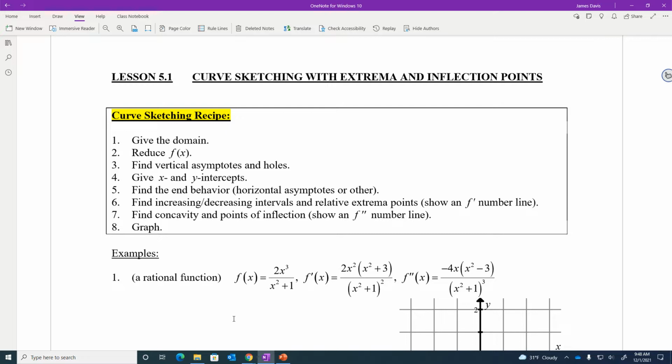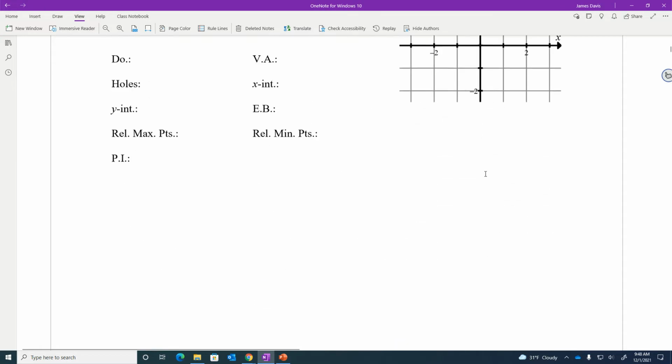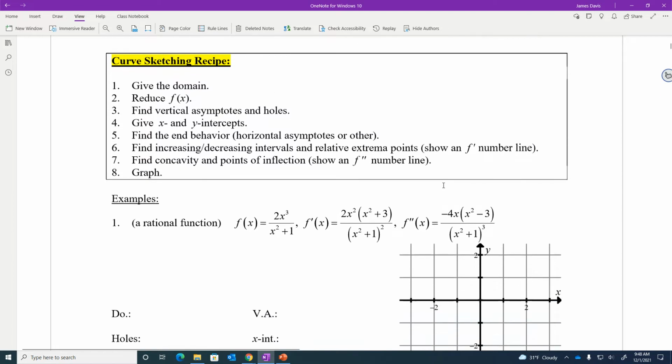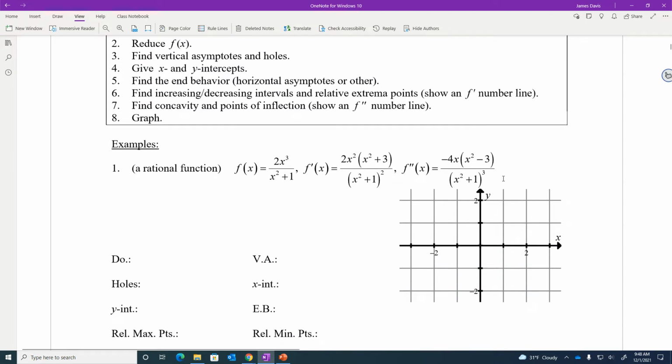But this unit, like I said, is a lot of applying things that you've already learned, whether in calculus or pre-calculus, and solving AP style questions. So with that being said, what you're doing in this particular section is a lot of curve sketching, which can be kind of challenging.